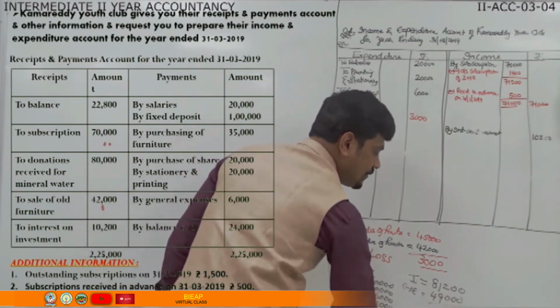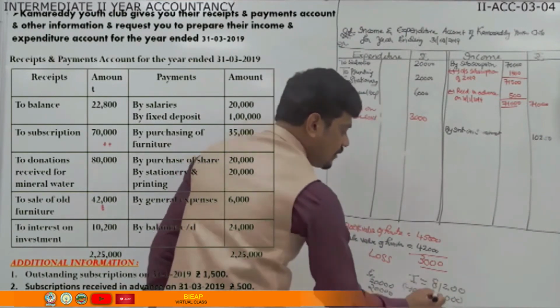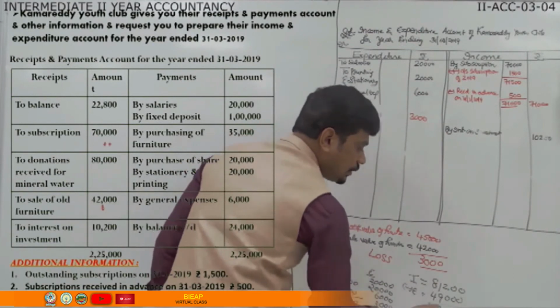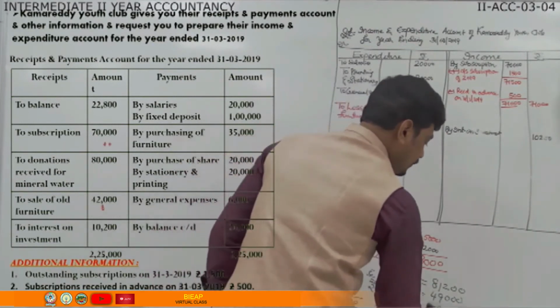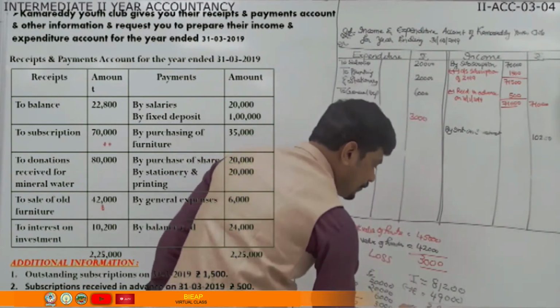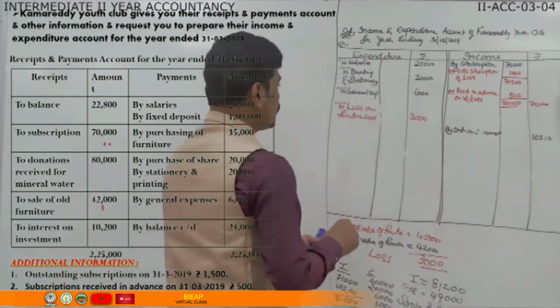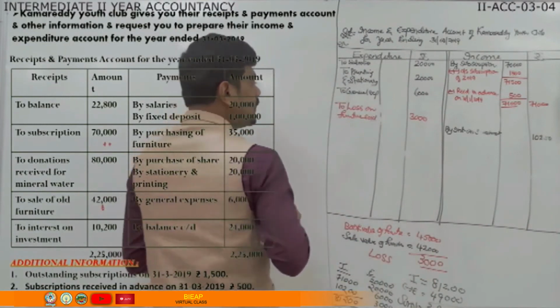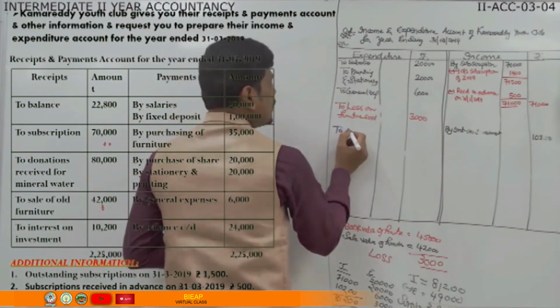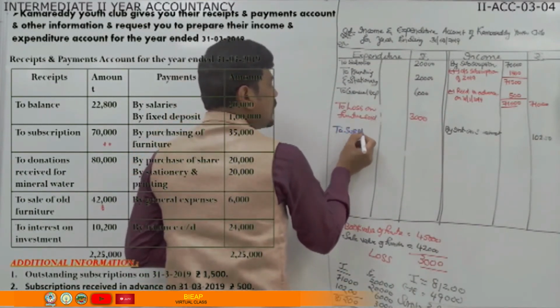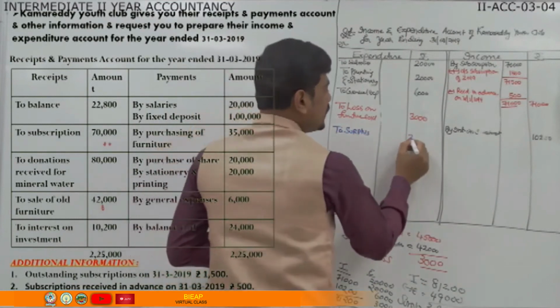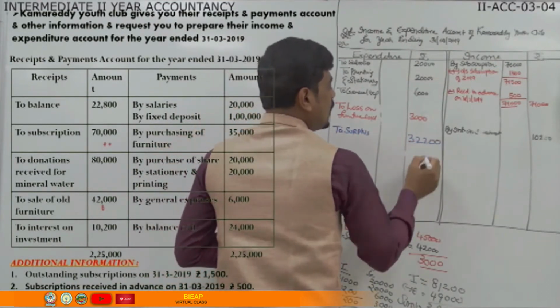If we see the difference, 11 minus 2 is 9, 7 minus 4 is 3, so 32,200 is nothing but profit. Surplus we call it. Again we got a surplus. So this surplus we are going to post on the expenditure side. To surplus 32,200.